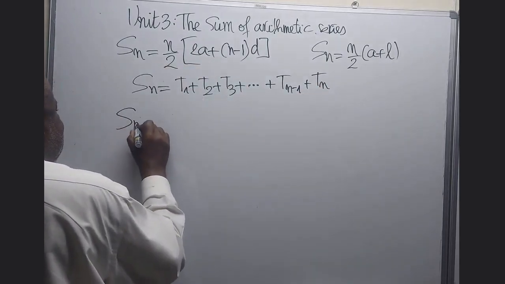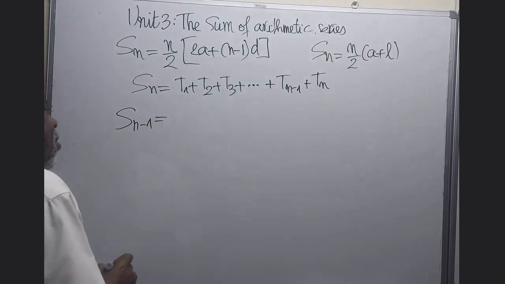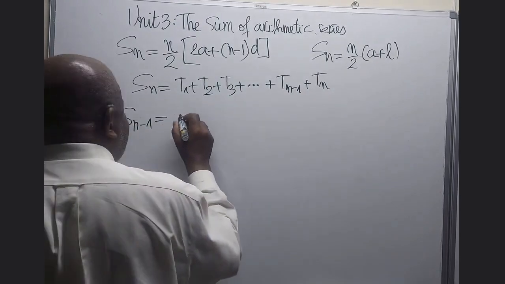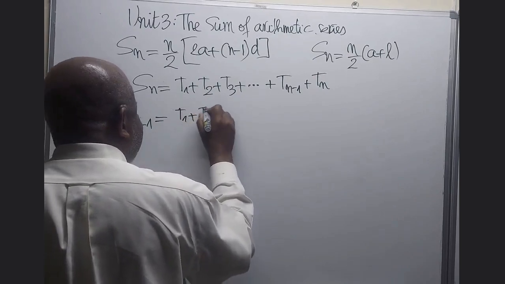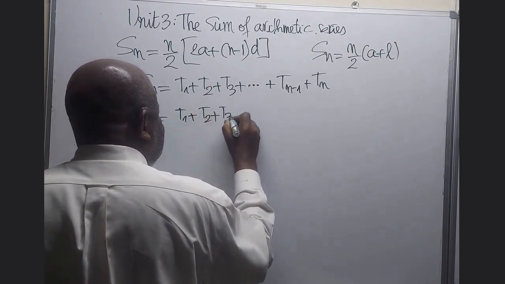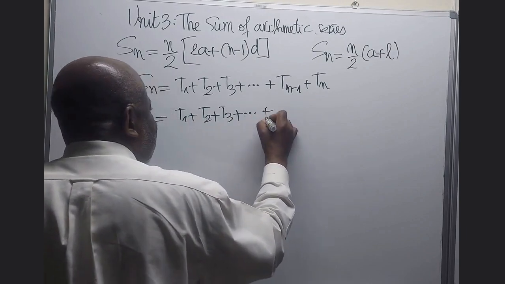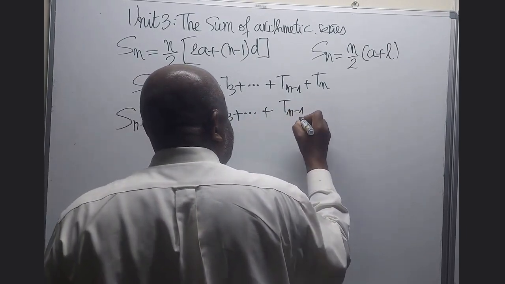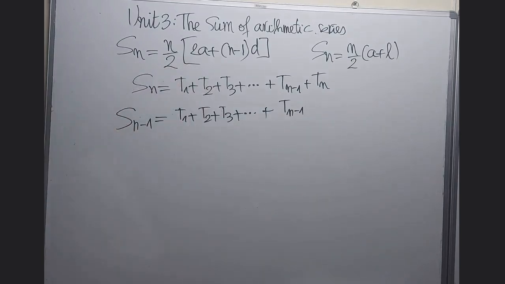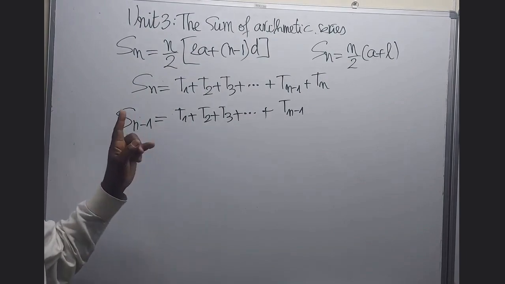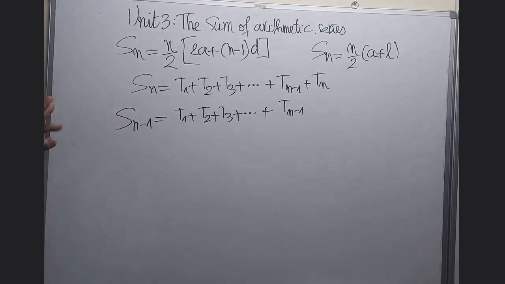If now I consider Sn minus 1, it will be equal to T1 plus T2 plus T3 plus dot dot plus Tn minus 1, as you can see. And from these two arithmetic series, we can get a new formula.